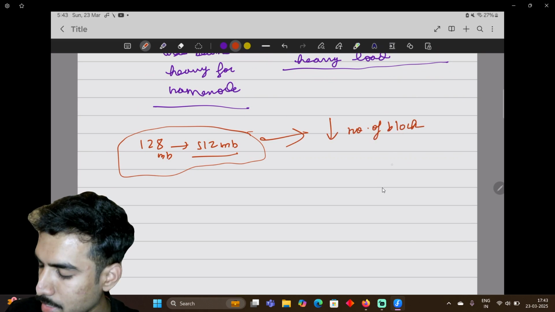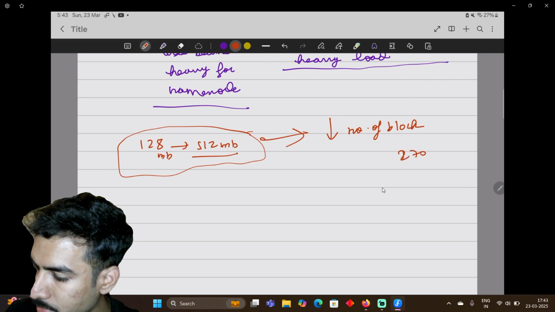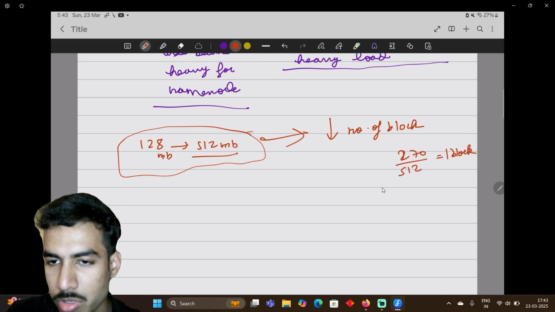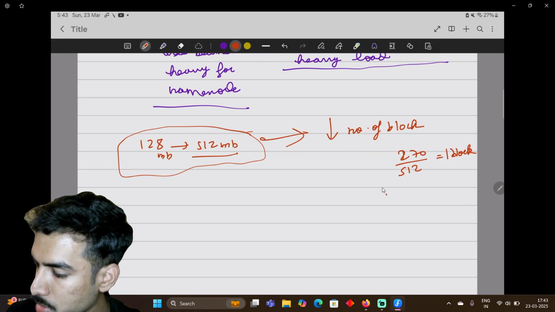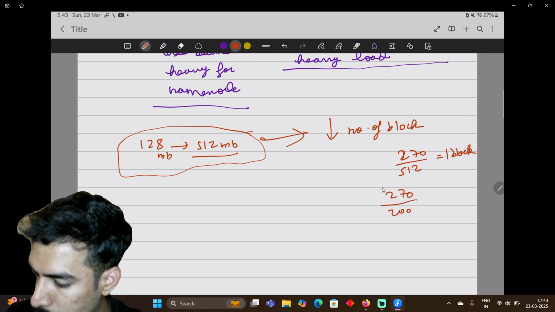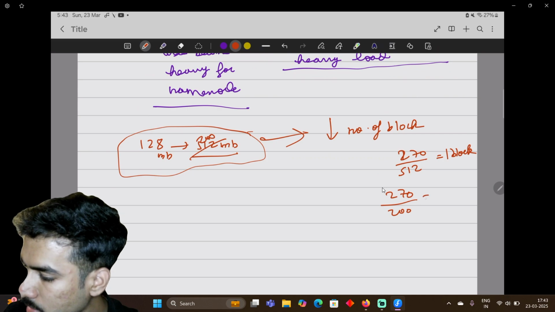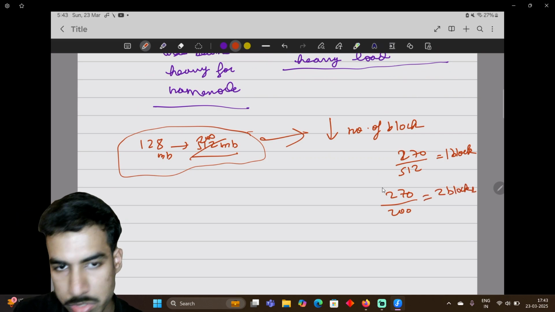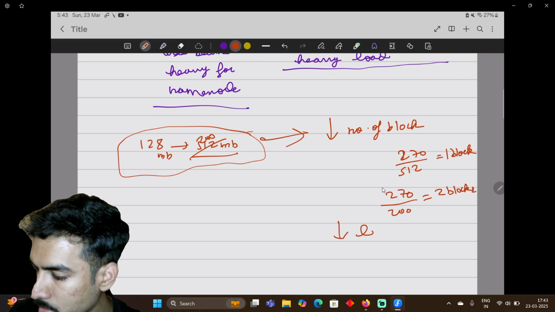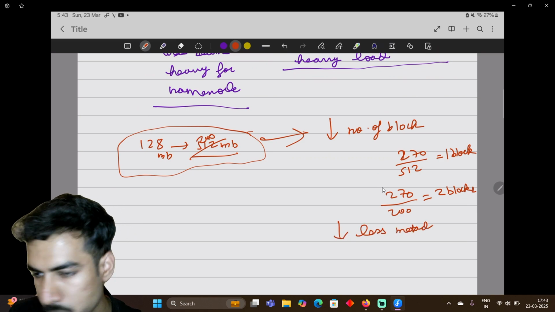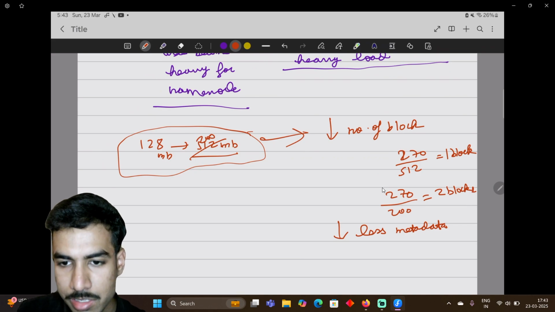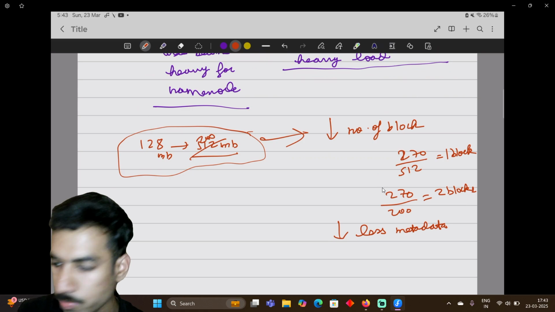As you can calculate, with a size of 270 by 512, it will just require one block. Even 270 by 200, if it was 200, not 512, it will require two blocks instead of the three blocks that we were using earlier. And then it would cost less metadata, so fewer processes and fewer daemon processes running parallelly, so less load for the CPU to give more resources to us.